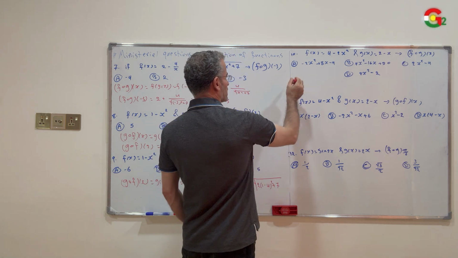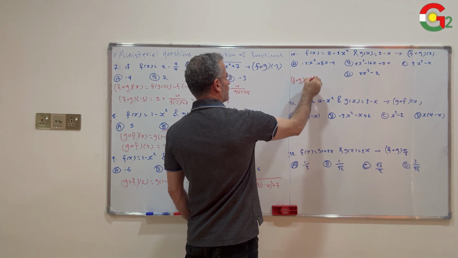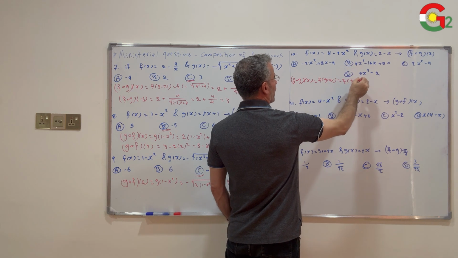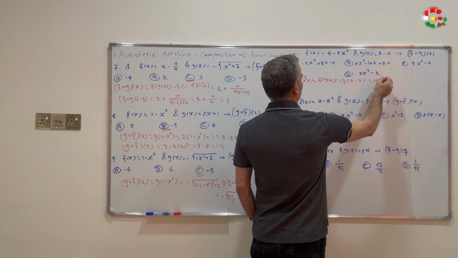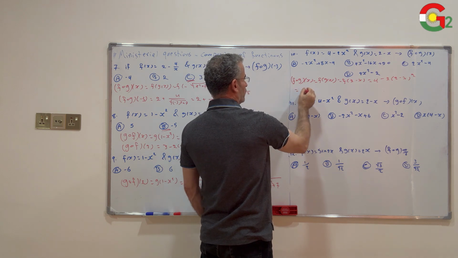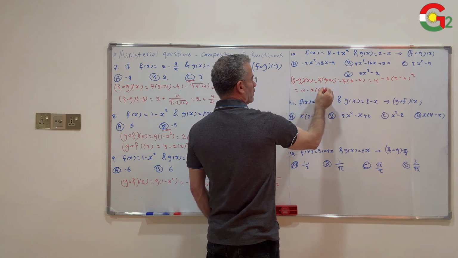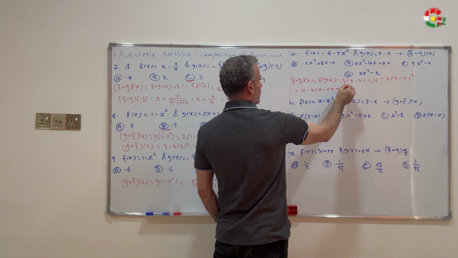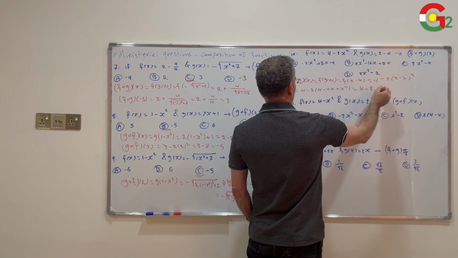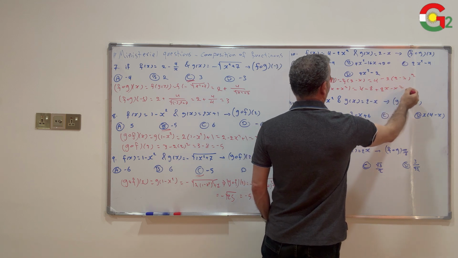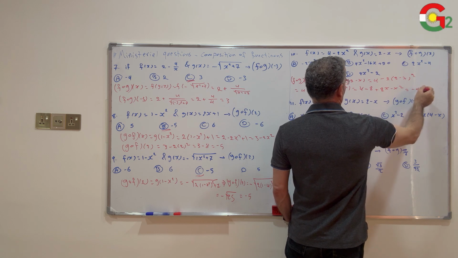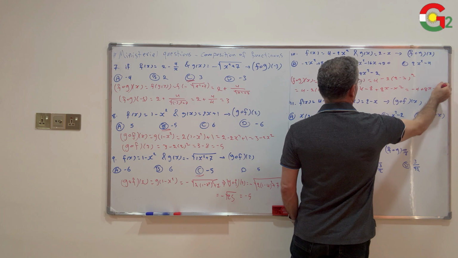Find f of g of x. f of g of x equals f of 2 minus x, which equals 4 minus 2 times (2 minus x) squared, which equals 4 minus 2 times (4 minus 4x plus x squared), which equals 4 minus 8 plus 8x minus 2x squared, which equals 4 minus 8, minus 4, plus 8x minus x squared.